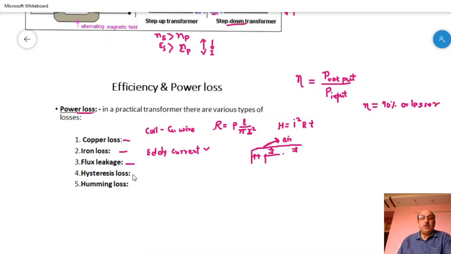The next type of loss is hysteresis loss. During the transfer of magnetic flux through the coil, what happens? The iron core is magnetized and demagnetized.